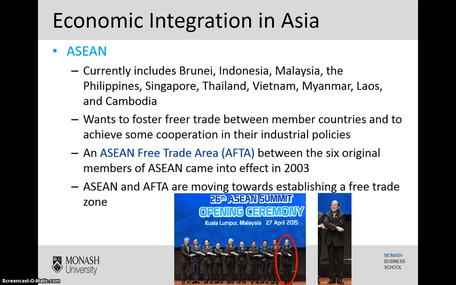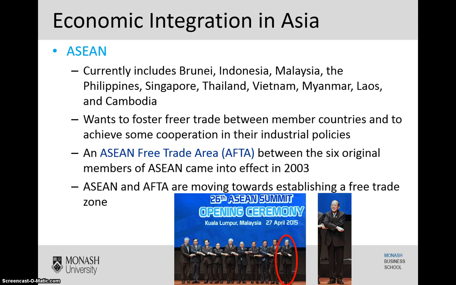He has killed it. The aim of ASEAN, like most of the free trade agreements, is to foster freer trade between each of the member countries and also to achieve some cooperation in their industrial policies, given that a lot of the industrial related industries are key to the success of these member nations.